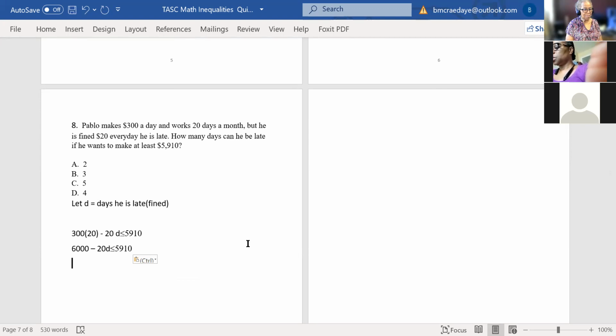So use 20D over 20D, and you bring this over 20. Maureen, you have a D value? Not yet. So it's $20 subtracted from 6,000, right?